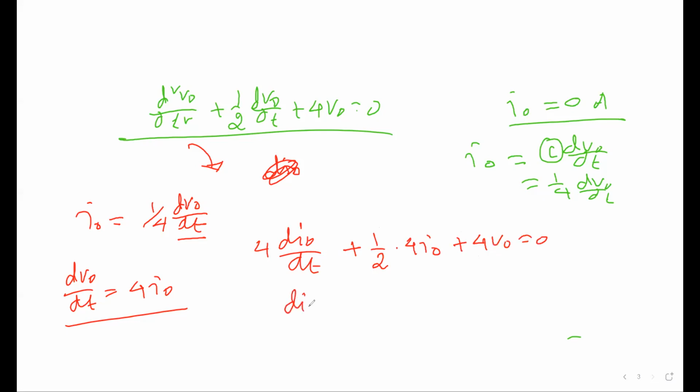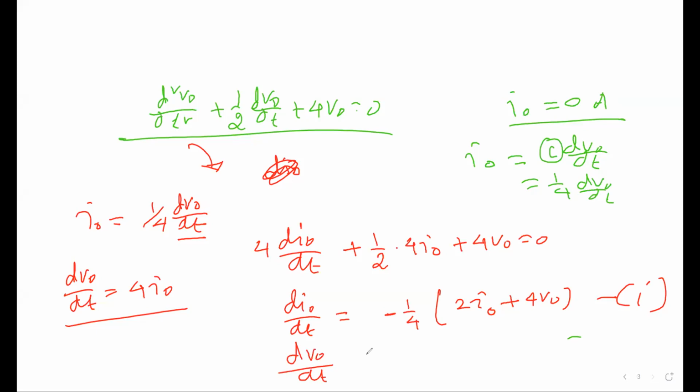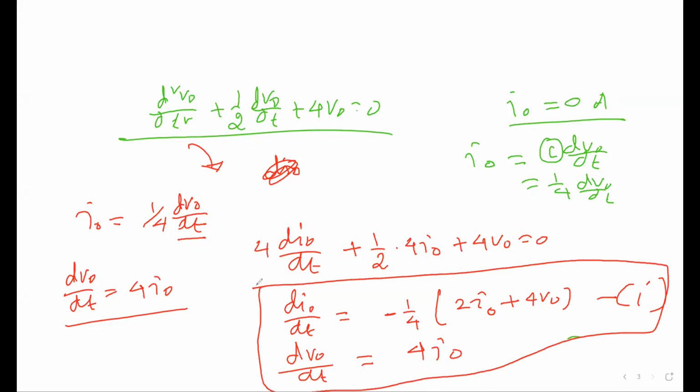One is dI0 divided by dt would be equal to minus 1 divided by 4 into 2I0 plus 4V0. This is one equation. Another equation is dV0 divided by dt is equal to 4I0. Is it not a simultaneous equation of first order? Yes.